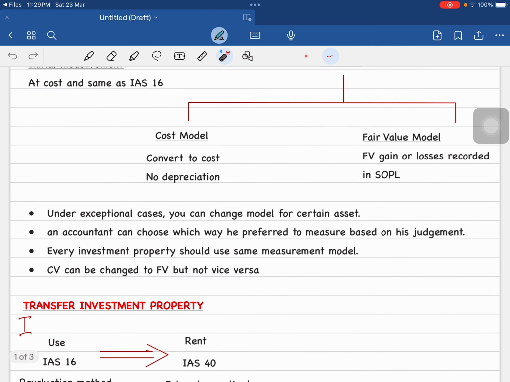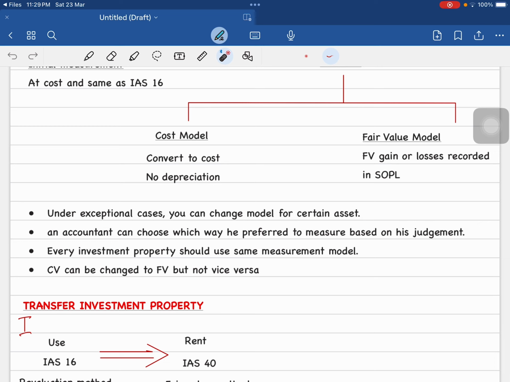Now, there is something you need to notice. Whether or not you can change the method or model of valuing the asset depends upon certain circumstances or conditions of the asset. If there are exceptional cases where you can't use a particular model, you can change the model. All these things depend upon the judgment of the accountant. If the accountant feels the fair value model is right, then he can choose so.